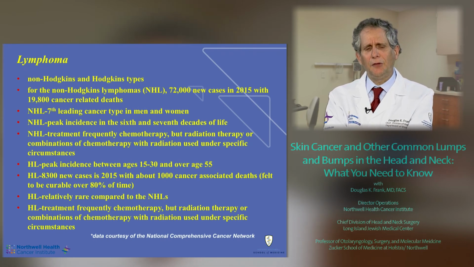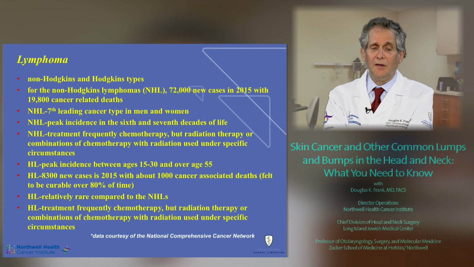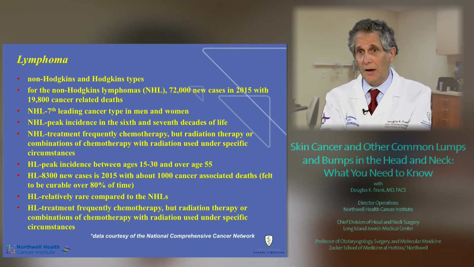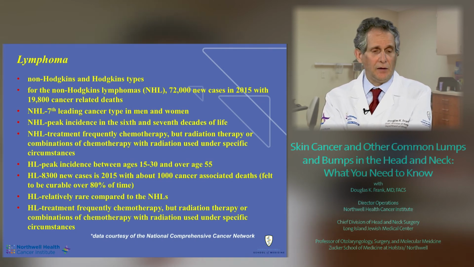There were 8,300 new cases reported in the United States in the middle part of the last decade, with about 1,000 cancer-associated deaths. But the thing about Hodgkin's disease, and many of the non-Hodgkin's lymphomas, is that it is felt to be curable in a majority of cases, and that's important to point out. So the diagnosis of a lymphoma does not necessarily imply a fatal diagnosis.